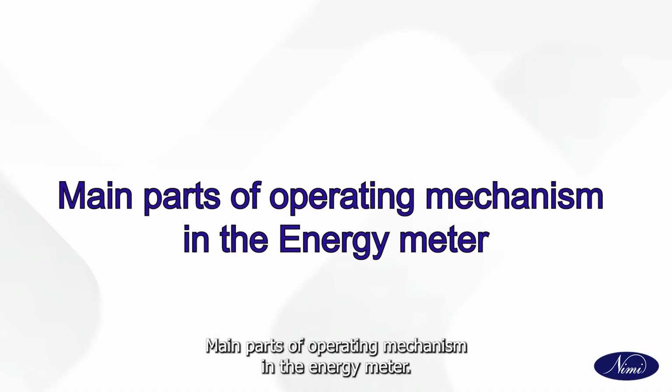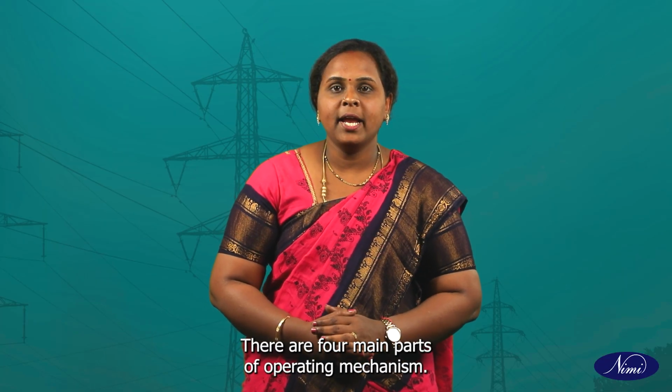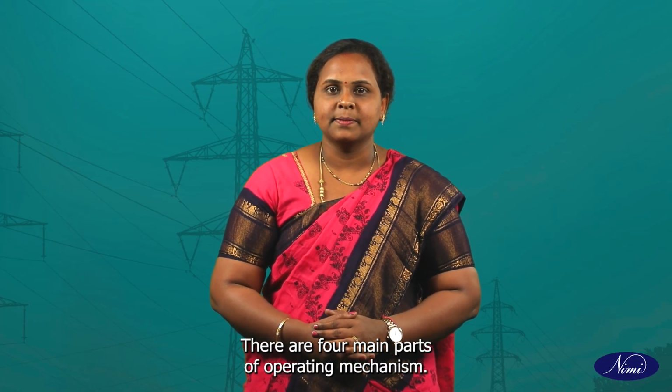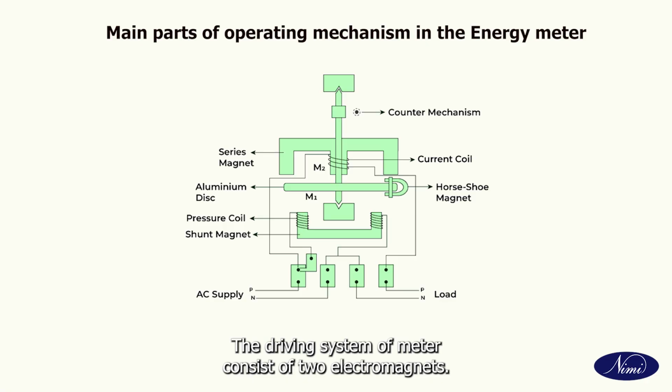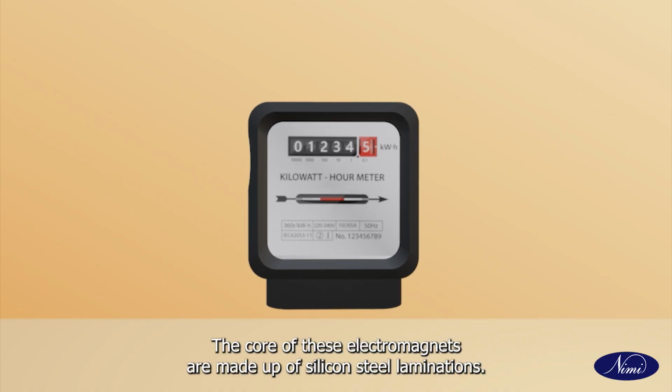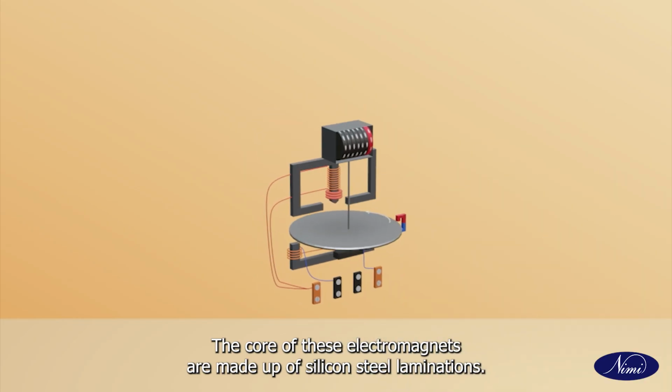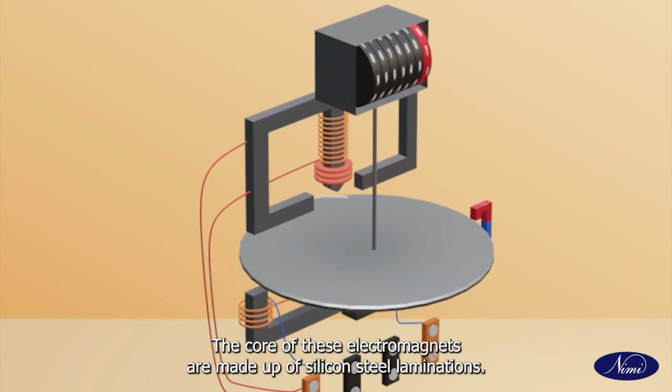Main parts of the operating mechanism in the energy meter. There are four main parts of the operating mechanism: driving system, moving system, braking system, registering system. Driving system. The driving system of the meter consists of two electromagnets. The cores of these electromagnets are made up of silicon steel laminations.